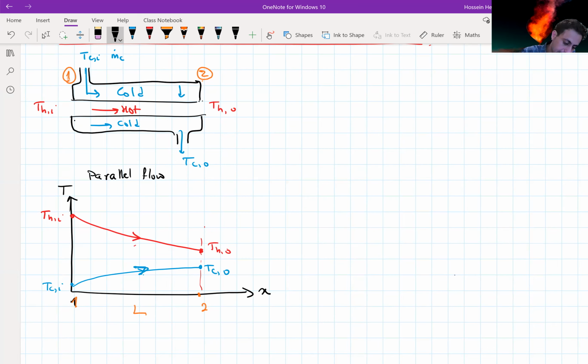Now, if I look at the counter flow, same thing. Say I have the heat exchanger.